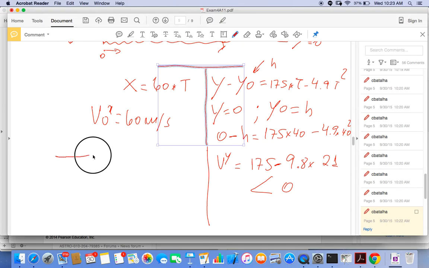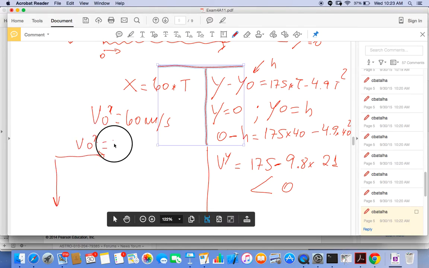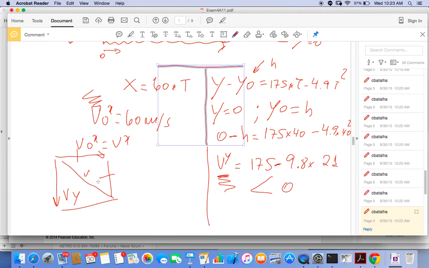So you're going to have something like this. Here's your V naught x, which is your Vx, and here's your Vy. Once you calculate those two quantities, Vy calculated here and Vx the same 60, you can apply Pythagoras: the square of this plus the square of this, square root of that sum, and then you have your speed. Okay, that's problem number 3.